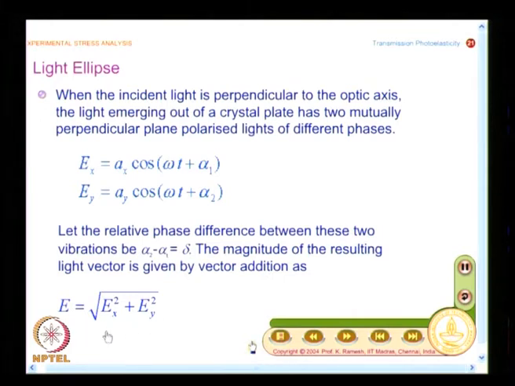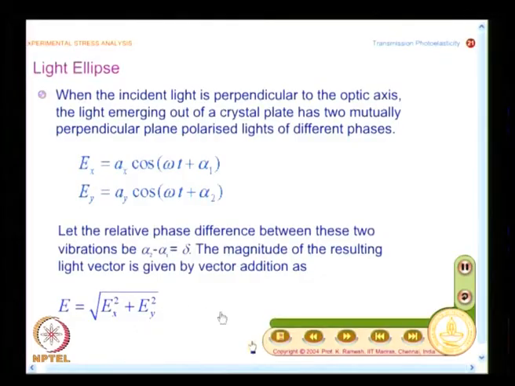I do this because they are mutually perpendicular. It is not like when I go to the pond and drop two pebbles, where both waves are in the same plane. Here the waves are mutually perpendicular, they travel with different phase, and they acquire a phase retardation when they come out of the crystal. When it comes out of the crystal, you see the interaction of these, and what would be the nature of this interaction? The polarization behavior changes. That is what we are going to look at.